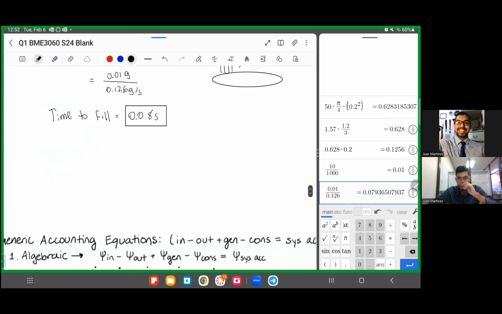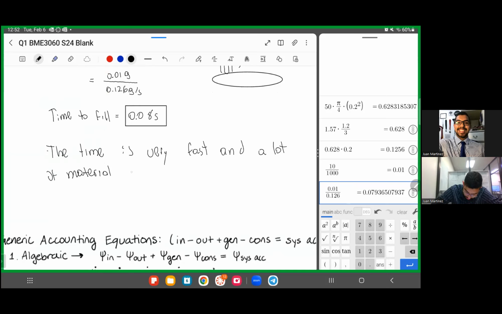Therefore, what I would say is the following. The time is very fast, and a lot of material, aka insulin, is wasted.